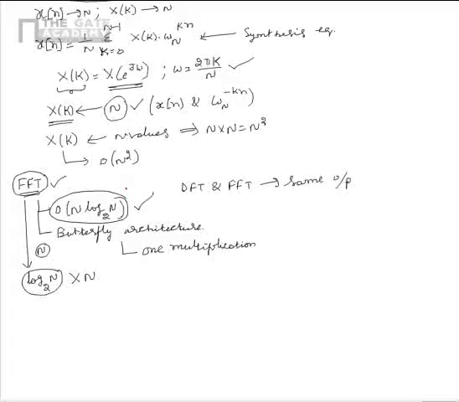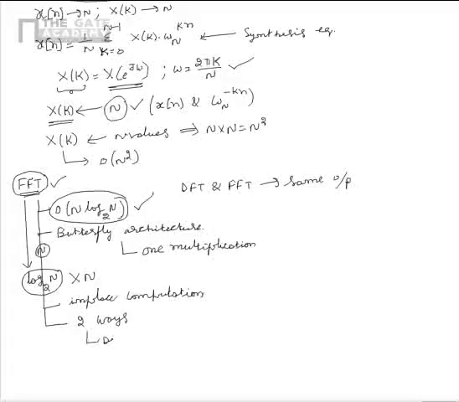Also, FFT can be achieved through in-place computation, which is mainly helpful in saving memory requirements. FFT can mainly be computed in two ways.